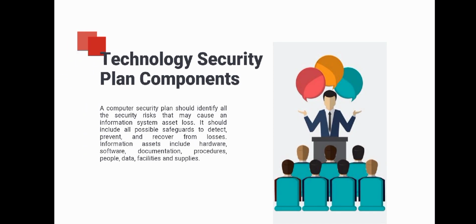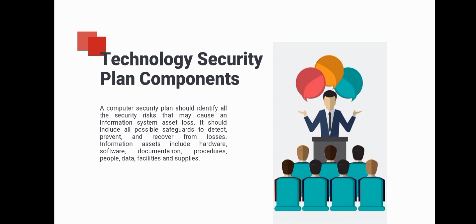Technology security plan components. A computer security plan should identify all the system security risks that may cause an information system asset loss. It should include all possible safeguards to detect, prevent, and recover from the loss. Information assets include hardware, software, documentation, procedures, people, data, facilities, and supplies.